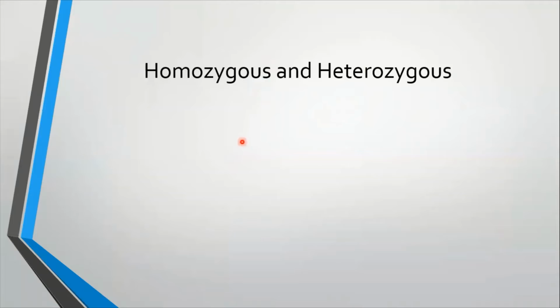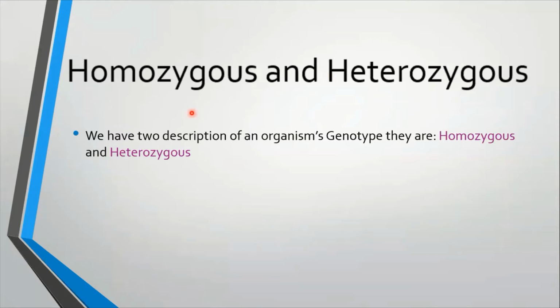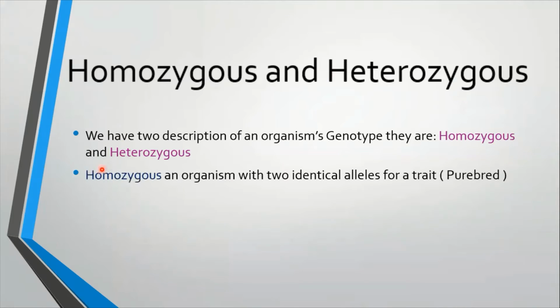Now we have two important words, homozygous and heterozygous. They are so important, so you must know them. First is homozygous. Homozygous is an organism with two identical alleles, or two similar alleles.